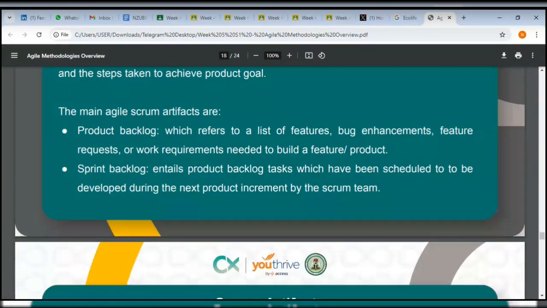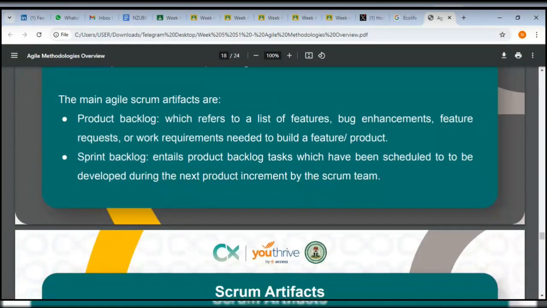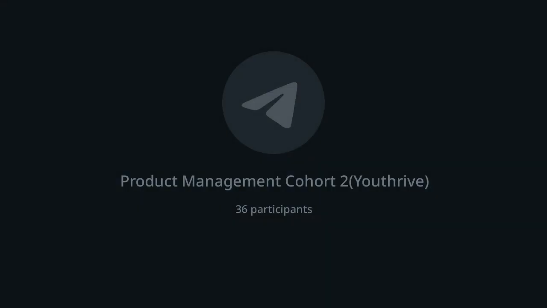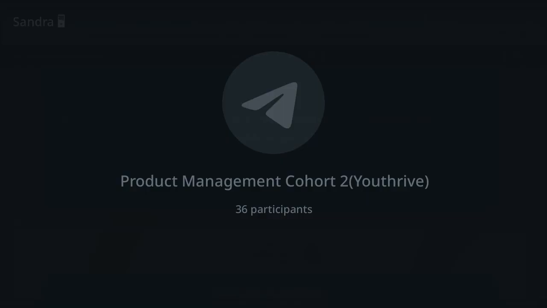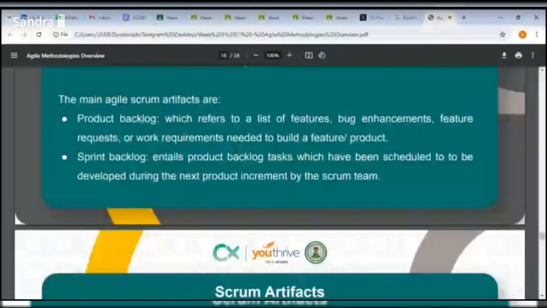Sprint backlog. This entails the product backlog tasks which have been scheduled to be developed during the next product increment by the Scrum team. So once you have your MVP, remember your MVP is your minimum viable product. Once you have your functional MVP, you make a decision on what you want to work on for improvement, like what you want to do to maybe improve on your product.